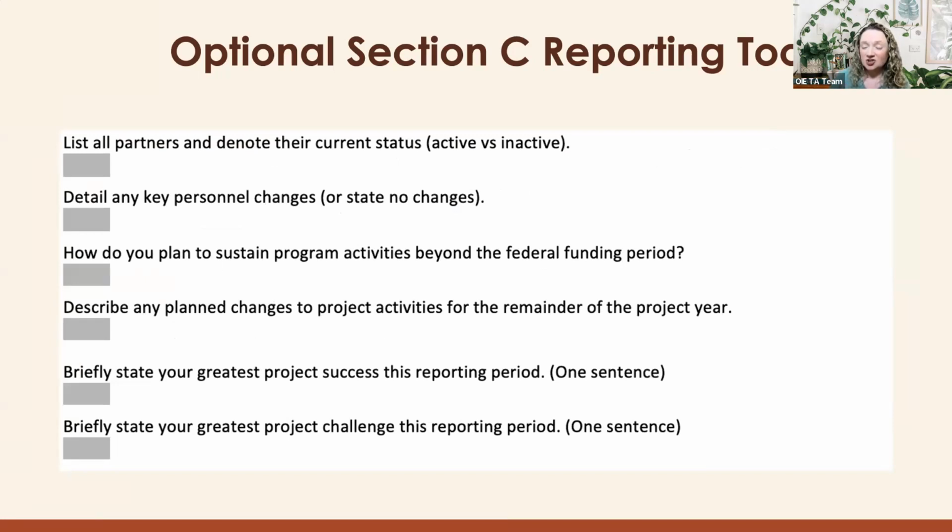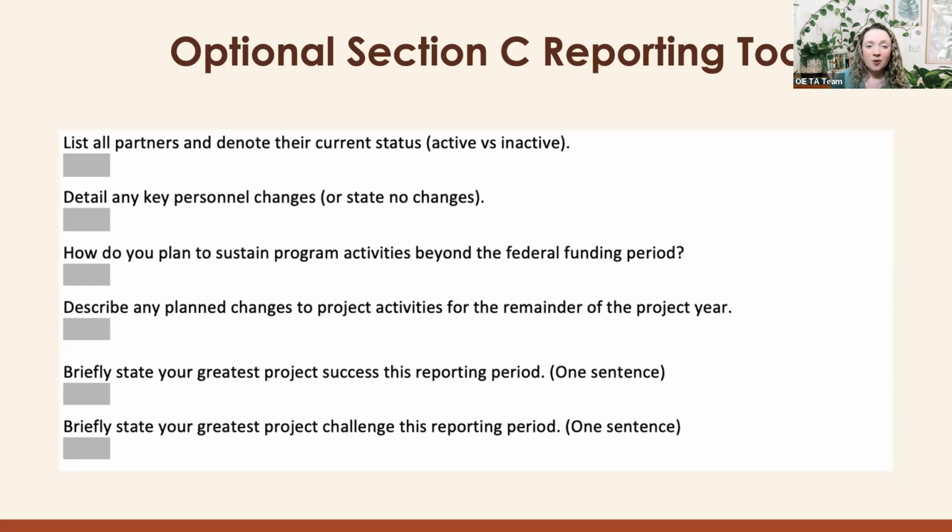Any key personnel changes. If there's not any, just say no changes. How do you plan to sustain program activities beyond the federal funding period, if you do? So do you plan to continue doing this data collection and analysis with your projects? If so, what will that look like? How will you be able to continue that? If you have any planned changes for the remainder of the project year.